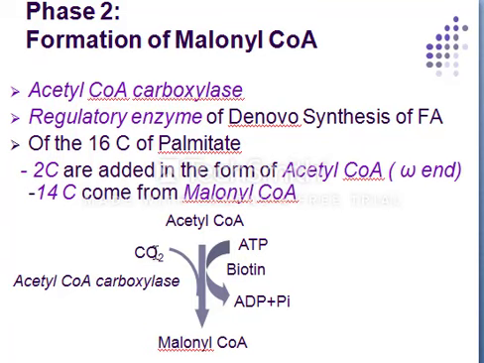Acetyl-CoA carboxylase is a rate limiting enzyme in fatty acid synthesis, and it is well regulated. So of the 16 carbon palmitate, 2 carbons are added in the form of acetyl-CoA at the omega end, and the 14 carbons come from malonyl-CoA.